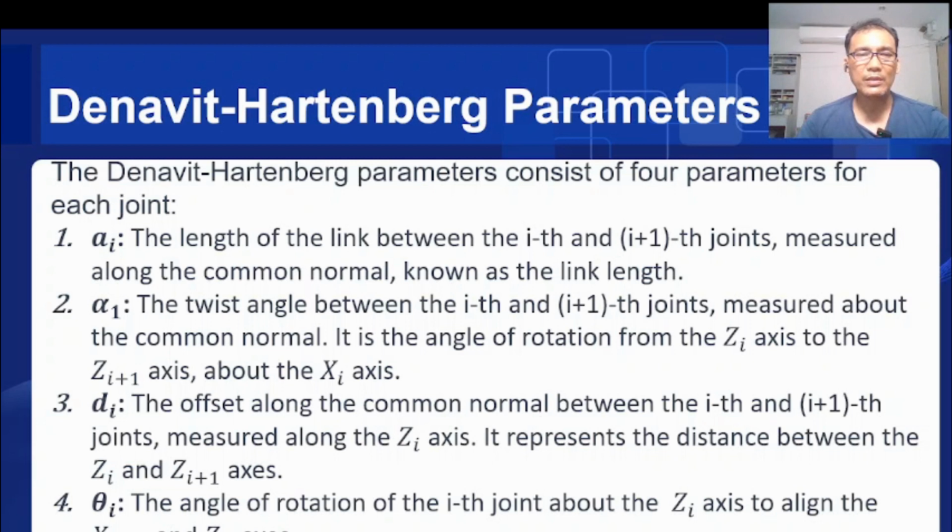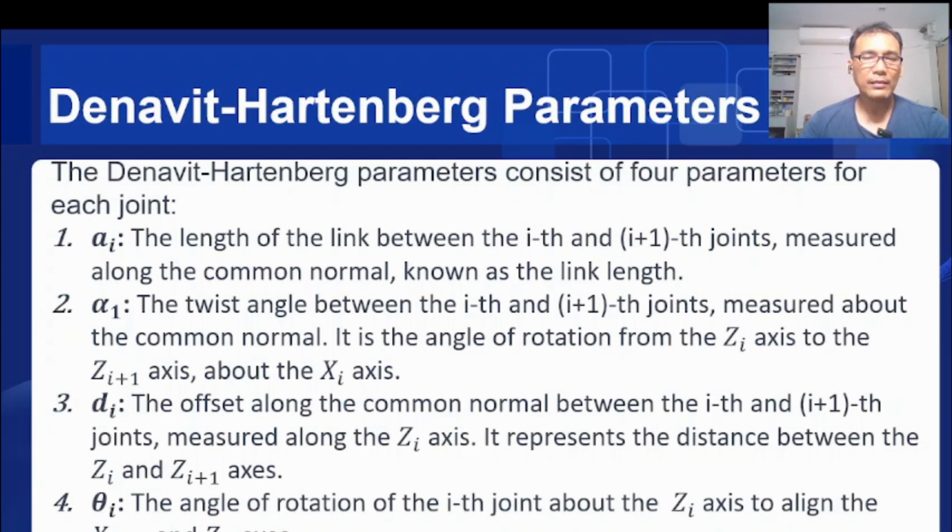And number 2 is alpha_i. This is the twist angle between the i-th and (i+1)-th joints, measured about the common normal. It is the angle of rotation from the Z_i axis to the Z_(i+1) axis about the X_i axis.